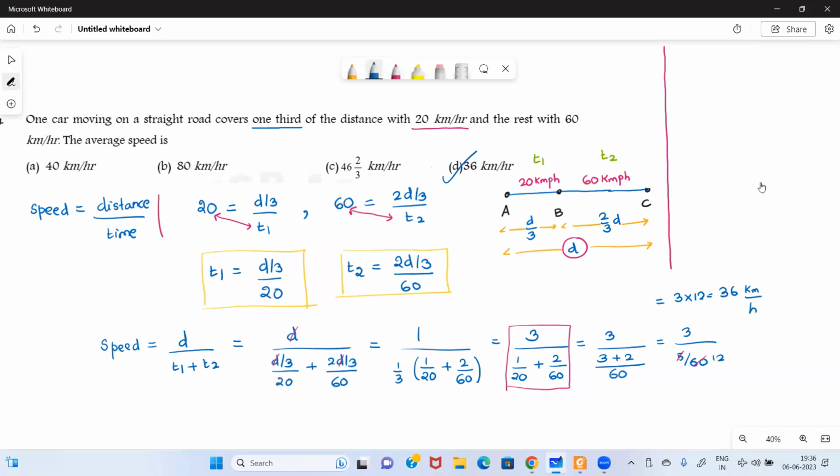I think you have learned about arithmetic progression in your 10th class. Have some of you learned about arithmetic progression? Yes, sir. Very good.